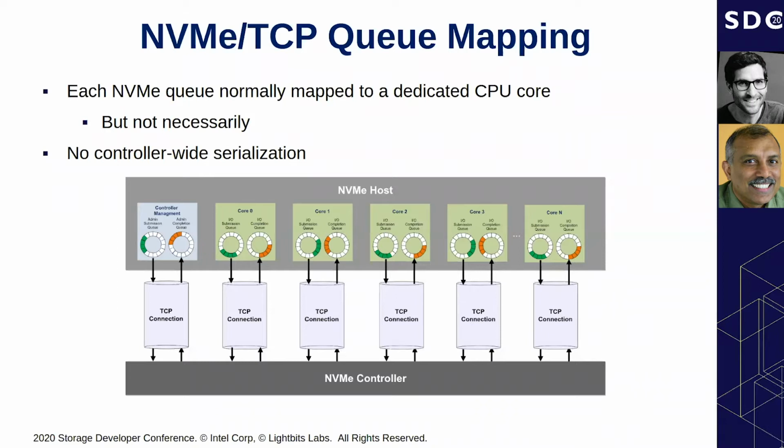So if we look at the picture here, we have an NVMe host and at the bottom an NVMe controller. We have our admin queue, which is a submission completion queue pair, backed by its own TCP connection. And then for every individual core, you will have the same queuing interface and the same TCP connection with its own associated NVMe queue, which means that the NVMe host has this parallel multi-channel interface to that controller.